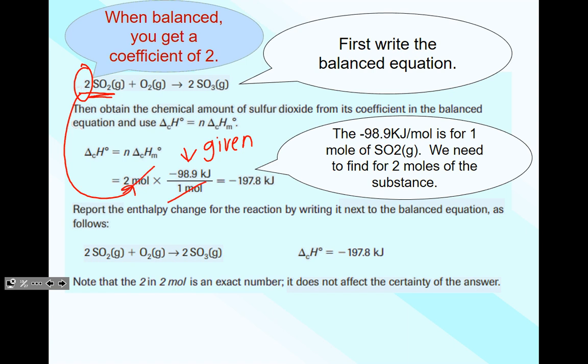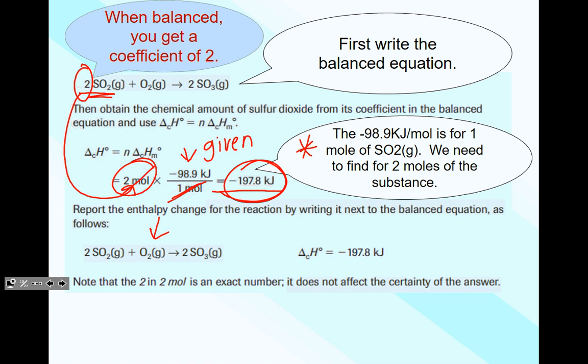The moles cancel out, kiddos, and you get negative 197.8 kilojoules. Okay, and again, to repeat, the negative 98.9 kilojoules per mole is for 1 mole of SO2. We need to find 2 moles of the substance. Once we go for 2 moles, the moles go away. So this is the amount for this particular balanced equation.